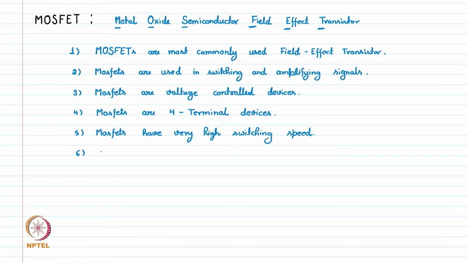There are two classes of MOSFETs. One is the enhancement type, and the second is the depletion type.